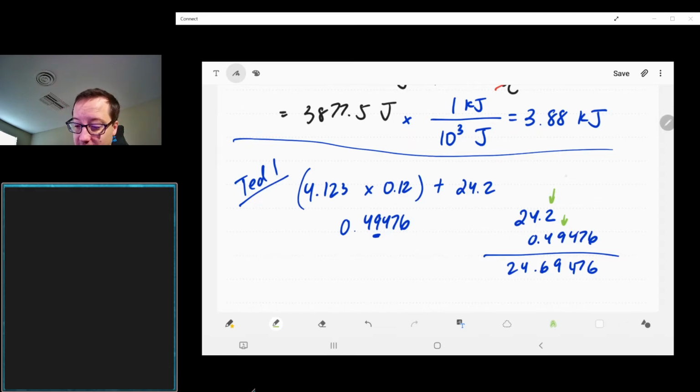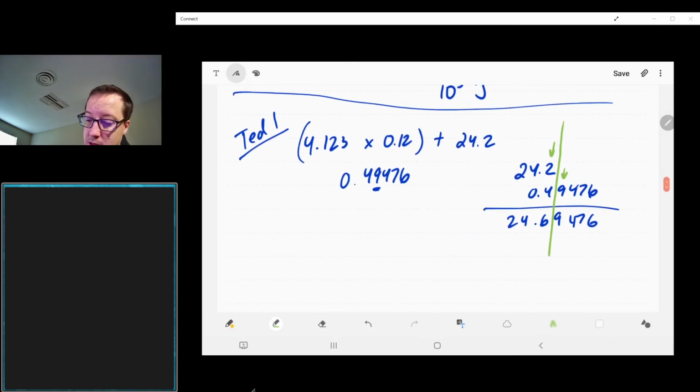We always go with the least significant digits. So that means we're going to be significant to the tenths place, which means we're going to keep these 3, and we're going to round according to this number here, which means that we should round this to 24.7 accordingly. Let's go ahead and see, is that the answer? Yes. Okay, good.